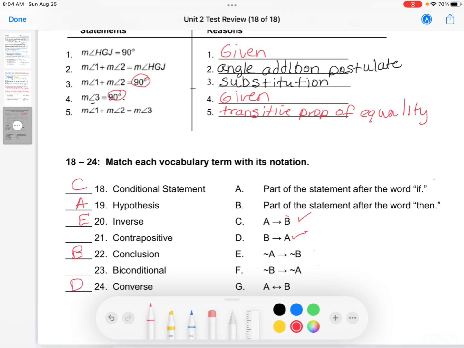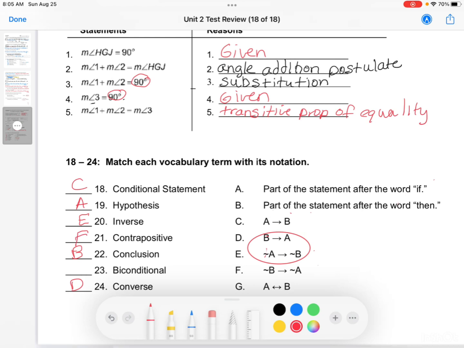Excuse me, I think it said contrapositive. The contrapositive is a combination of these two. You're flipping it and then adding the not and the not. So that is going to be F.